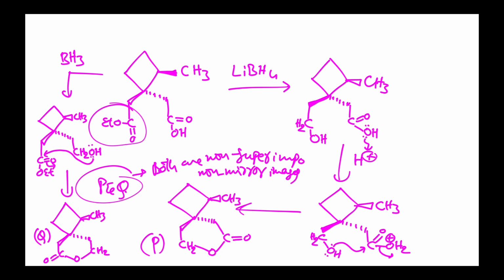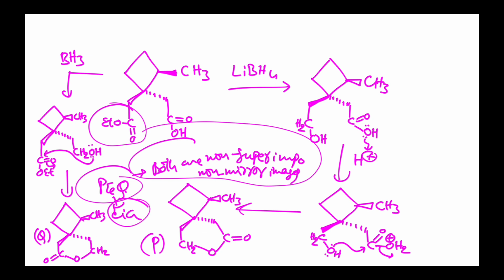That's why these are diastereomers. P and Q molecules are both diastereomers, but not enantiomers and not identical, because both are non-superimposable and not mirror images.